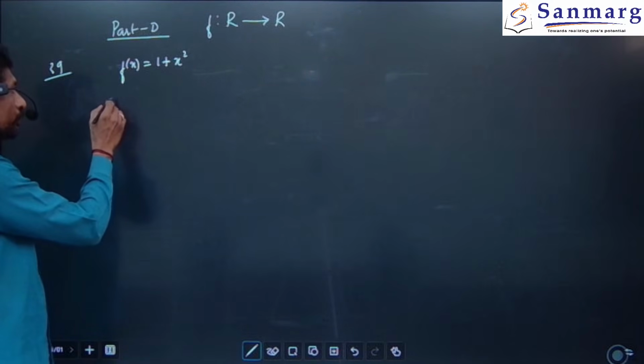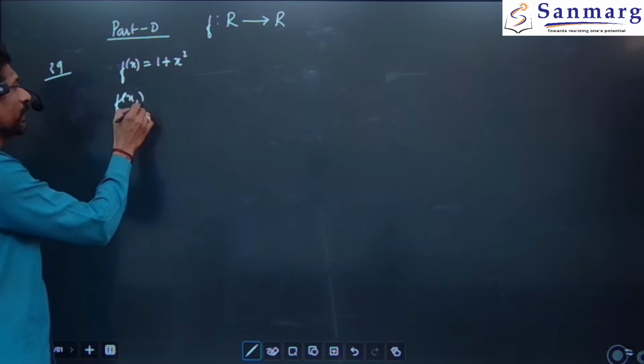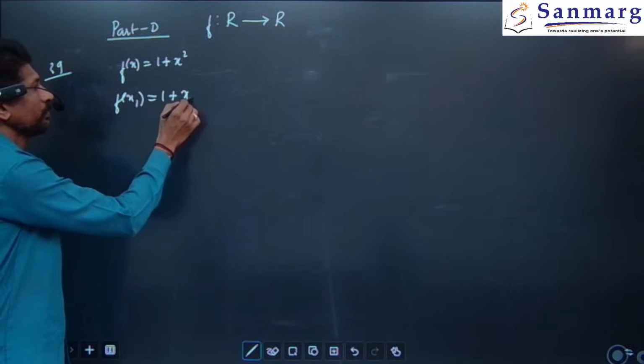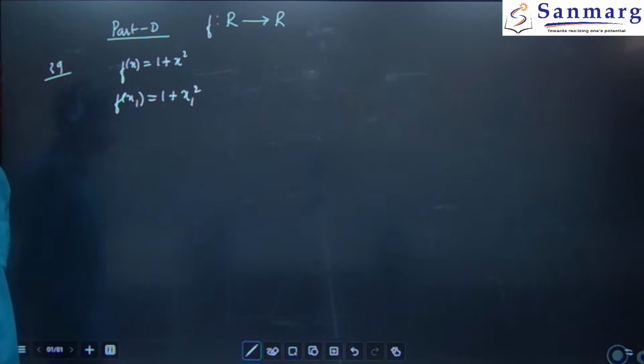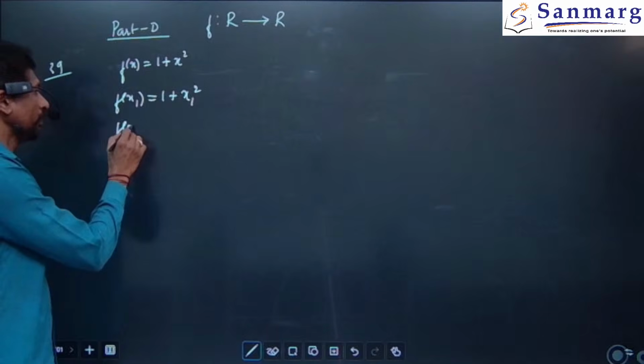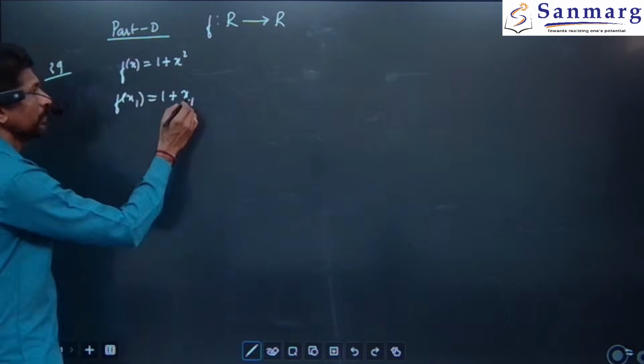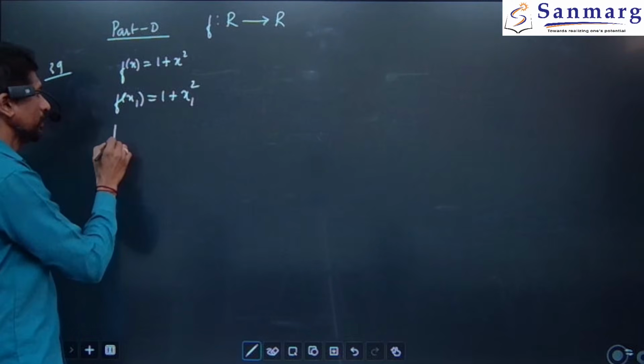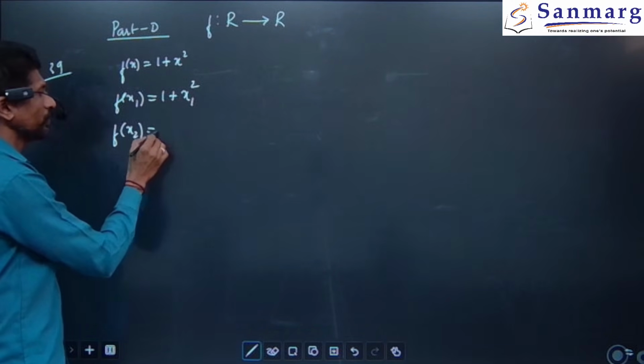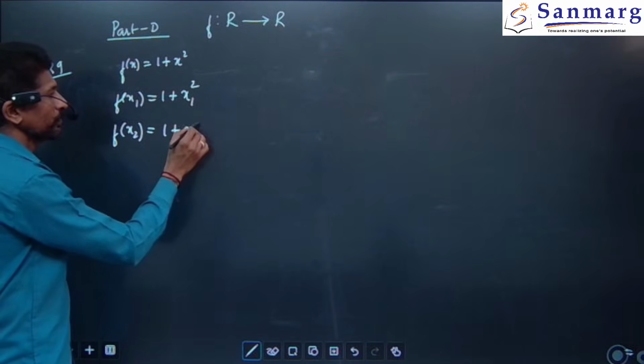So now I will consider f of x1, which becomes 1 plus x1 whole square, and the second one is f of x2, which is 1 plus x2 whole square.